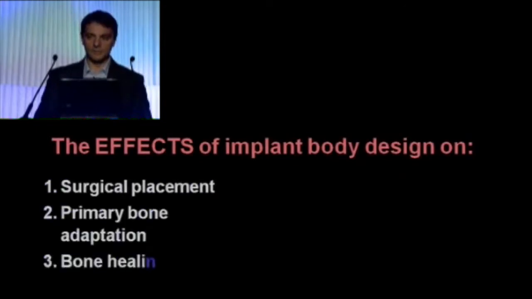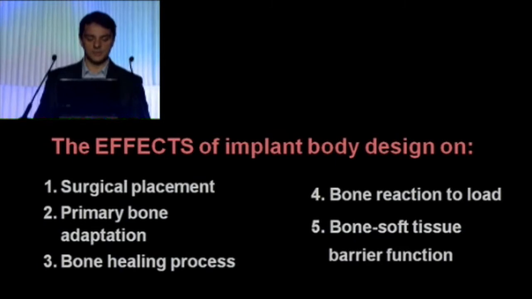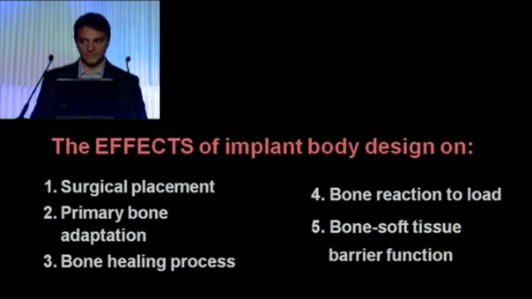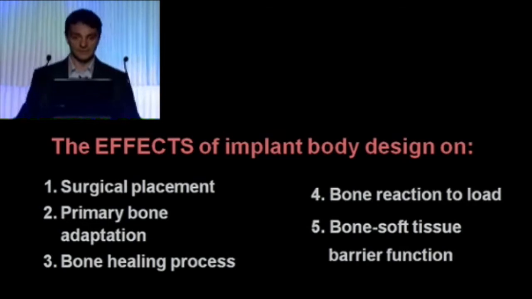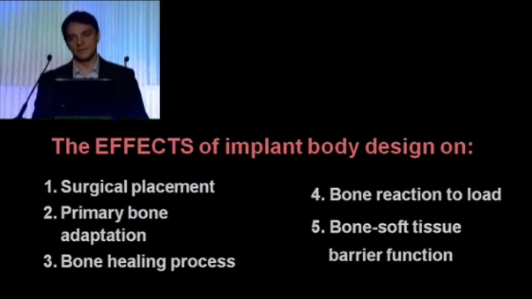And how all these different parts of the implant affect the implant life and the bone around. During surgical placement, of course, it can affect the primary bone adaptation, which is related to primary stability. And as we have heard right now, this is an important topic for immediate loading.